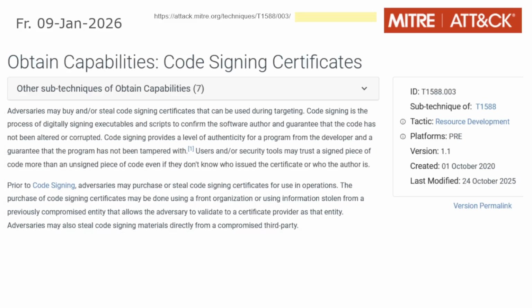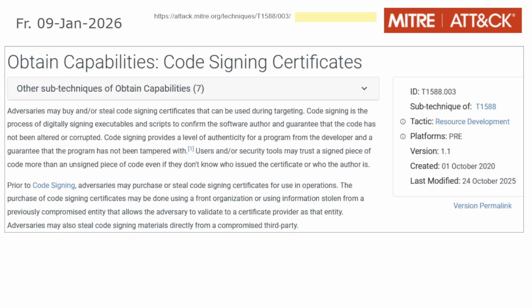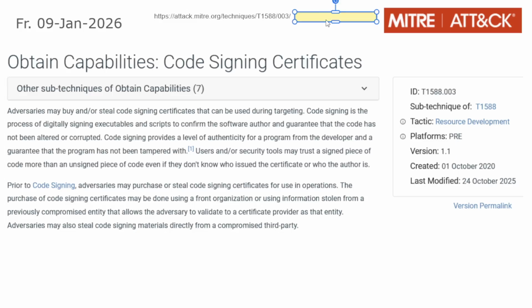Okay. And then code signing is the process of digitally signing executables and scripts to confirm the software author and guarantee that the code has not been altered or corrupted. Yes. So that's what it is.